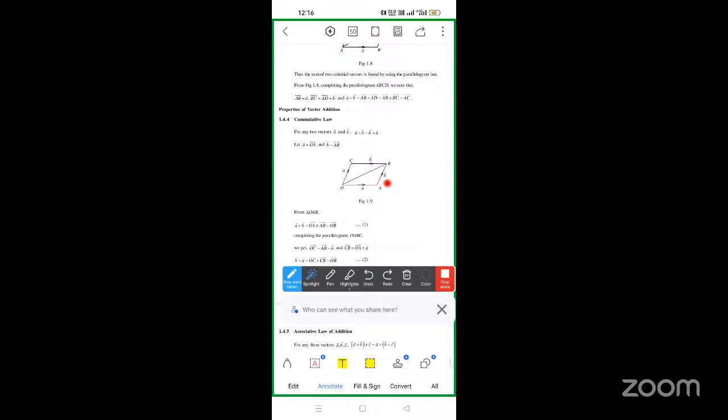Or the triangle also is there: the sum of two sides is equal to the third side of the triangle. In this triangle OAB we can see a plus b is equal to OB, that is the third side of the triangle. OA plus AB is equal to OB.